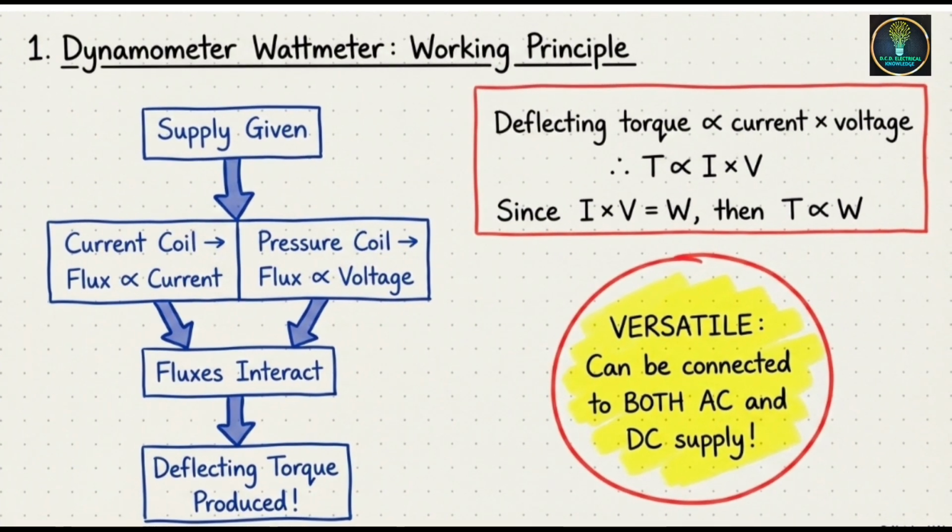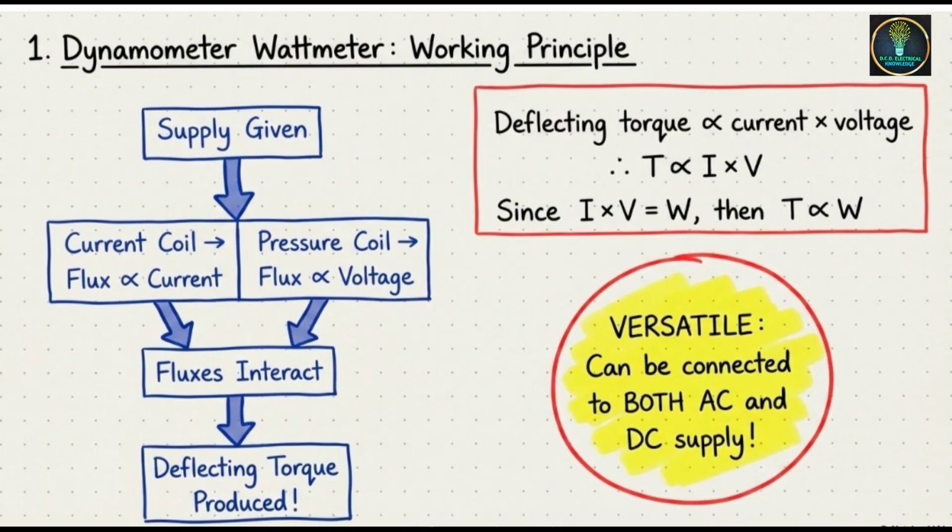One, dynamometer type wattmeter, working principle. Supply is given to the current coil and pressure coil respectively. The current coil produces flux; that flux varies with current.